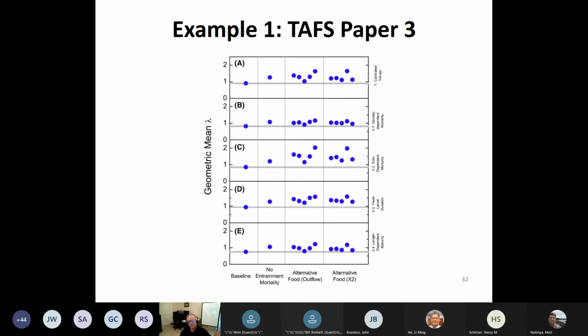And what are the 5 dots on the 2 left columns? There's 5 dots and 5 dots. Different year substitutions for 1995 to 2005. And we looked and said, okay, what was X2 in 1995? Let's find an early year before the decline in zooplankton that had a similar X2 pattern. That's that column, or a similar outflow.